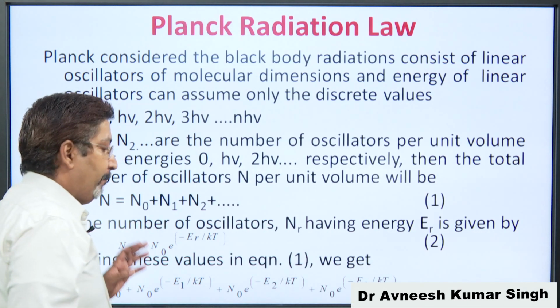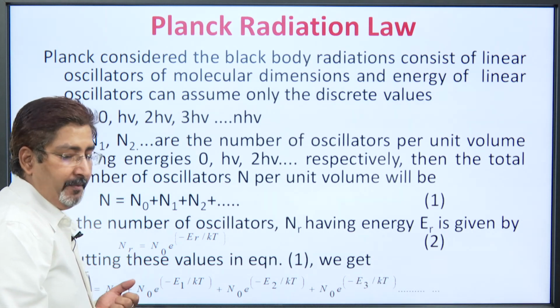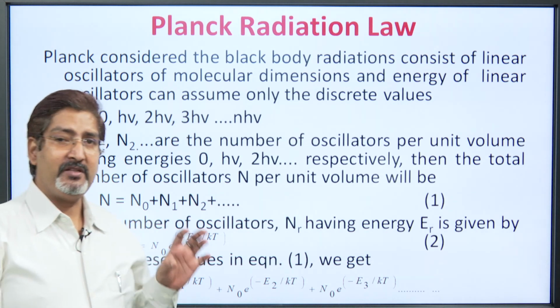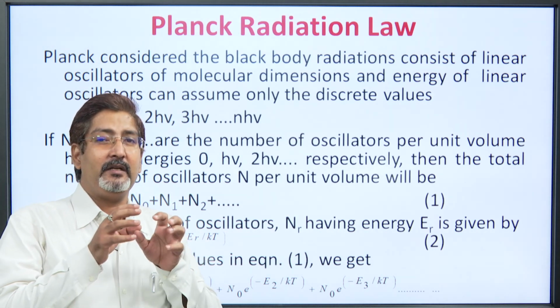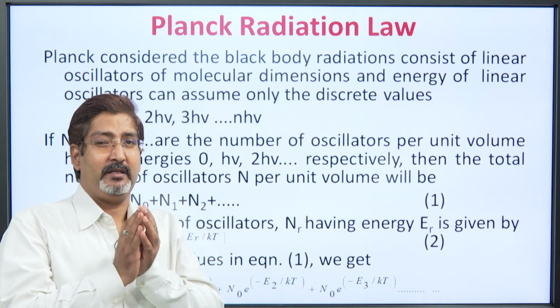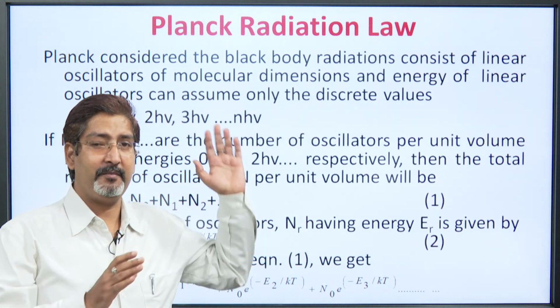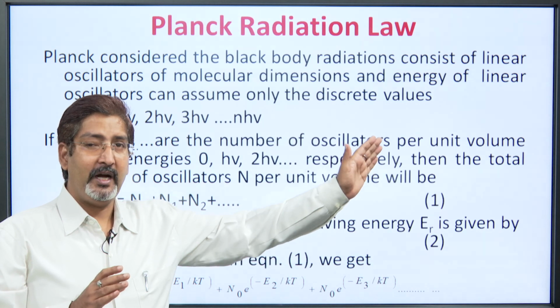Now, Planck, after giving his assumption, derived a new law, and that law was based on the fact that energy is absorbed or emitted in discrete manner in multiples of some h nu, 2 h nu, 3 h nu and so on.